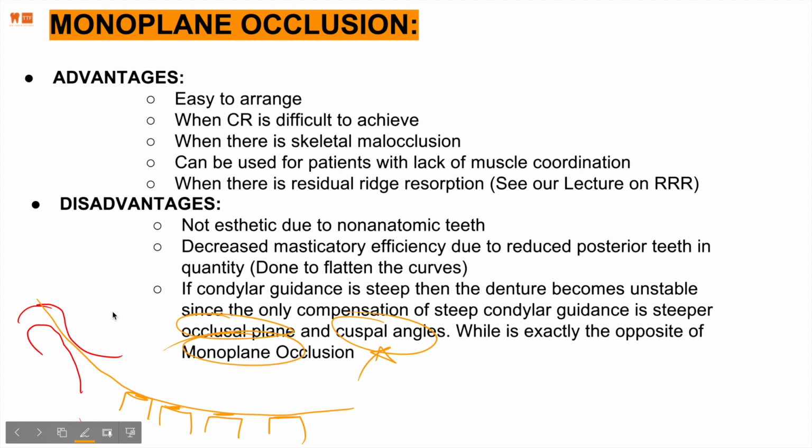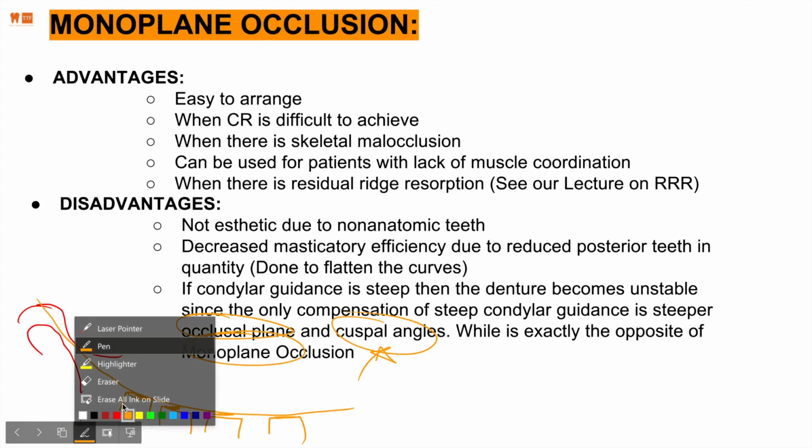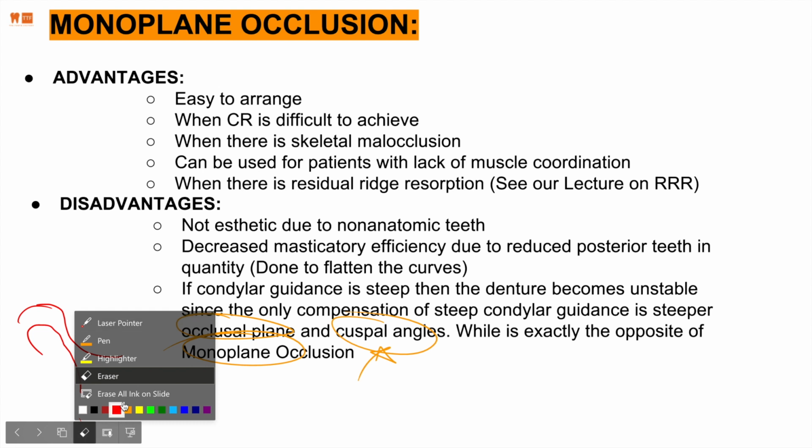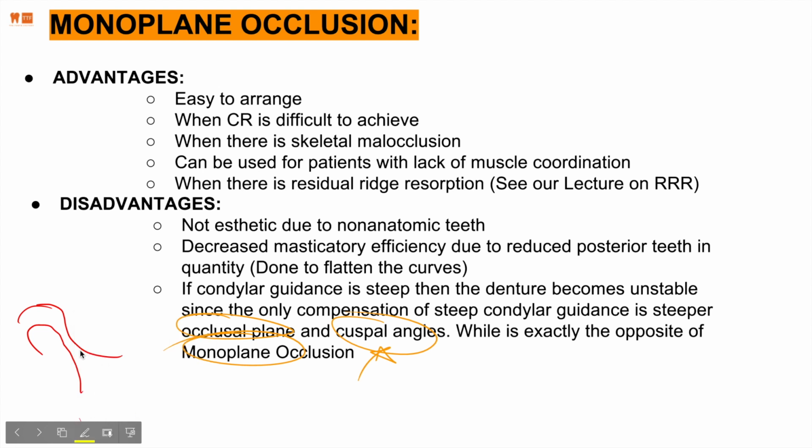So it contradicts each other. If, for example, a condylar guidance is something we cannot change, if there is a steep condylar guidance, then having a monoplane occlusion will be a disadvantage, because in steep condylar guidance we need higher cusp, and in that case monoplane occlusion is contradictory.